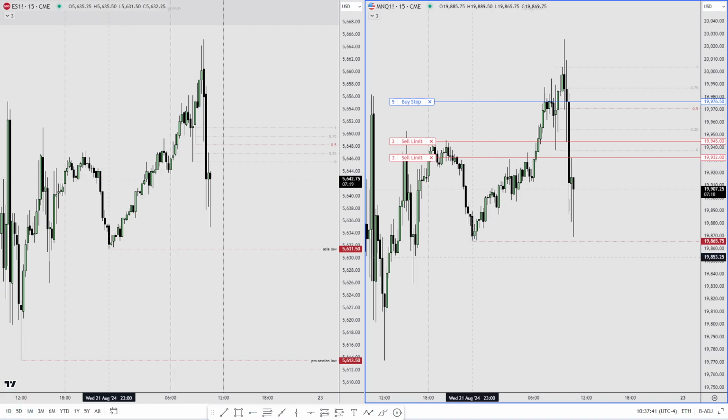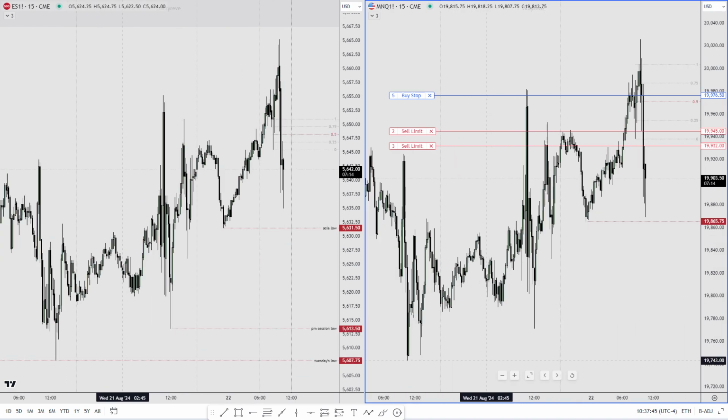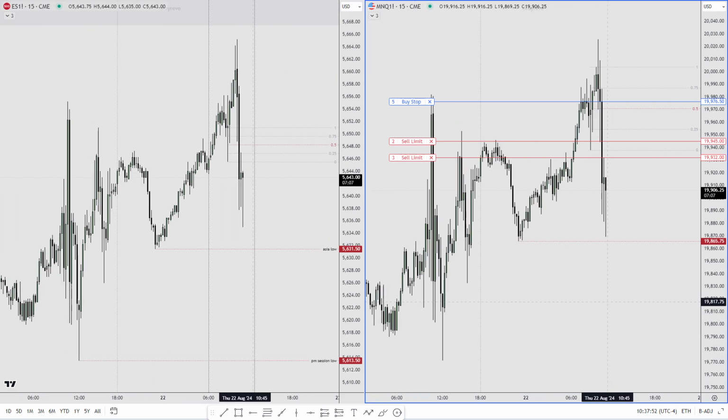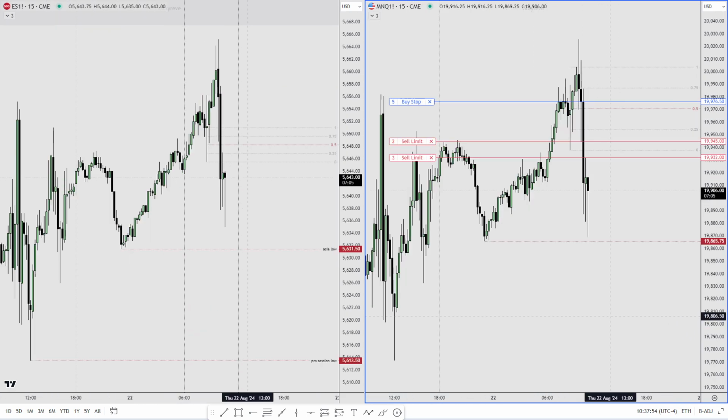Looking for this as the initial target, and if it really wants to overextend this level here, this would be the daily fair value gap. Right, so let's see.